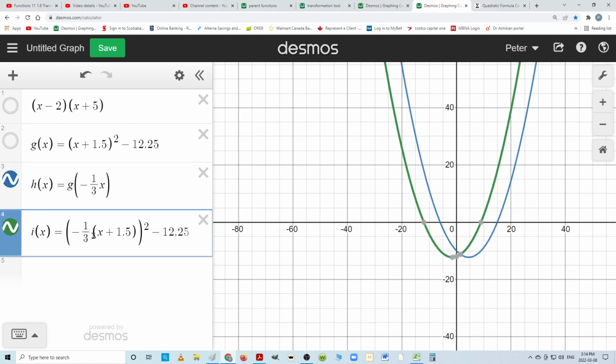Let's see. Negative a third times all my x values squared. That should have worked, I think.